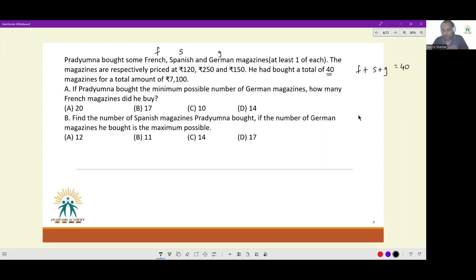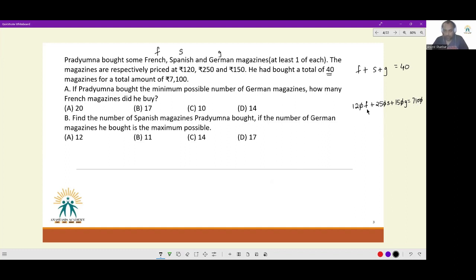Now, price-wise, we get 120F plus 250S plus 150G is equal to 7,100. I can simplify this by simply getting rid of the zeros.